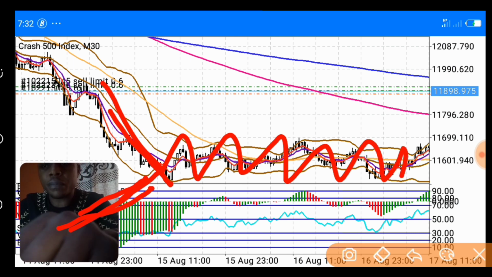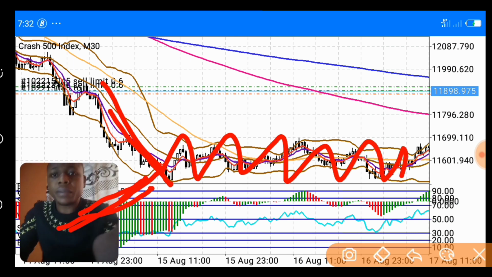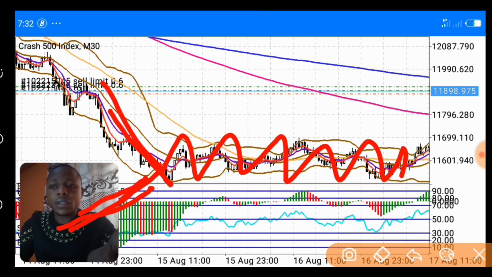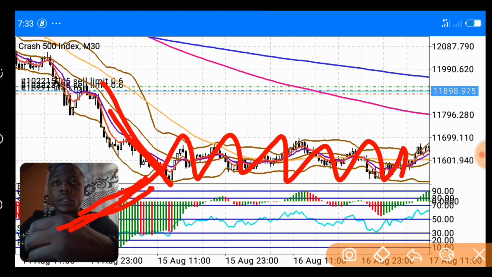That's the consolidation period. In this consolidation period, buyers and sellers are on the same level.